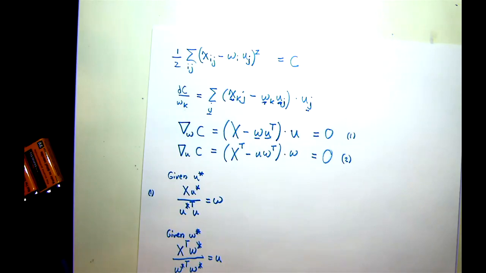Then you calculate a new w, an estimate based on that original u star. Then we fix that w and calculate u, so we get a new u estimate, and we go back and forth. We repeat this until the error between the data set and the projected data set is down to a small enough value that we don't care.